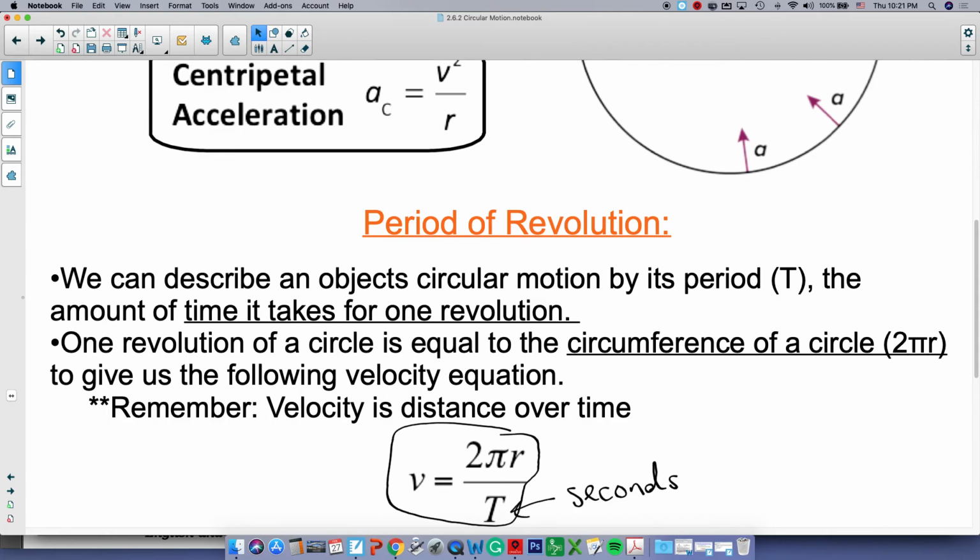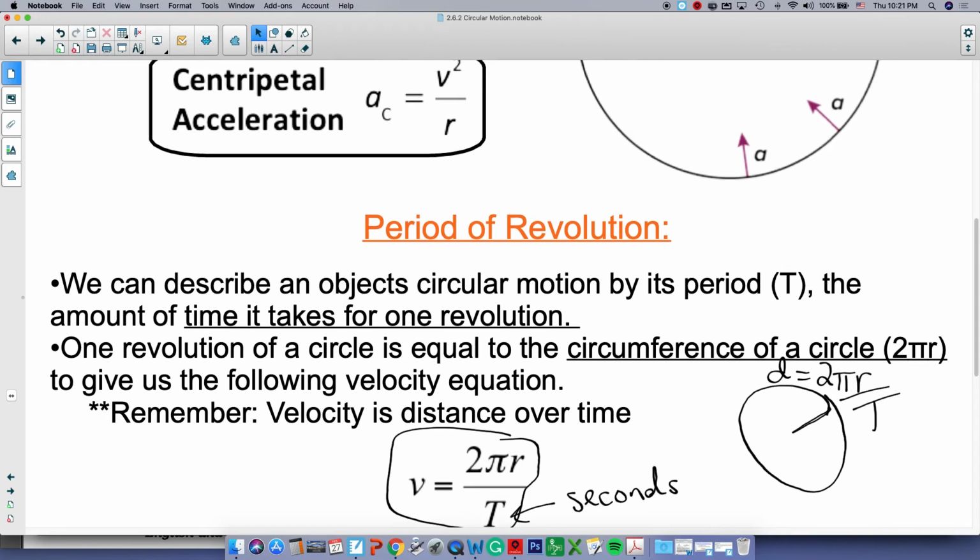If we're spinning something in a circle, like a string, the circumference is the distance that I traveled, and then t is how long it took me to travel that distance one time. So 2 pi r over that time is going to give me my velocity.